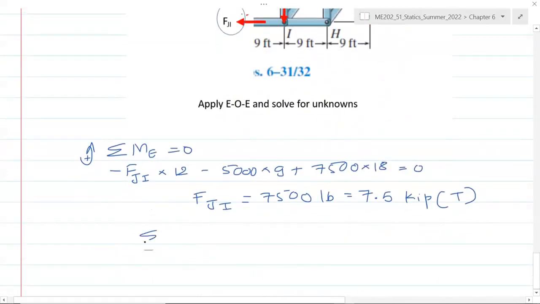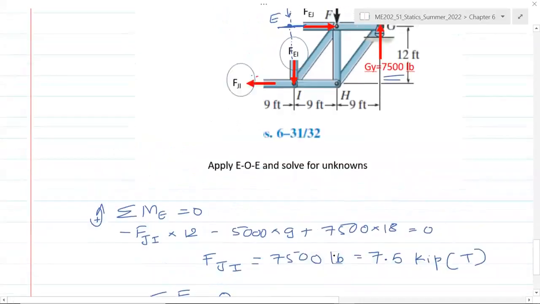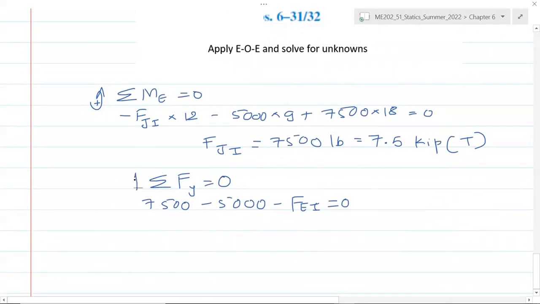Applying sigma Fy equal to 0 for this side of the section, 7,500 is positive, that's Gy, minus 5,000, that is the externally applied load, minus Fei is equal to 0. It's negative because it's going down. For sigma Fy, going up is positive. From this we can calculate Fei as 2,500 pound, or 2.5 kilopound.